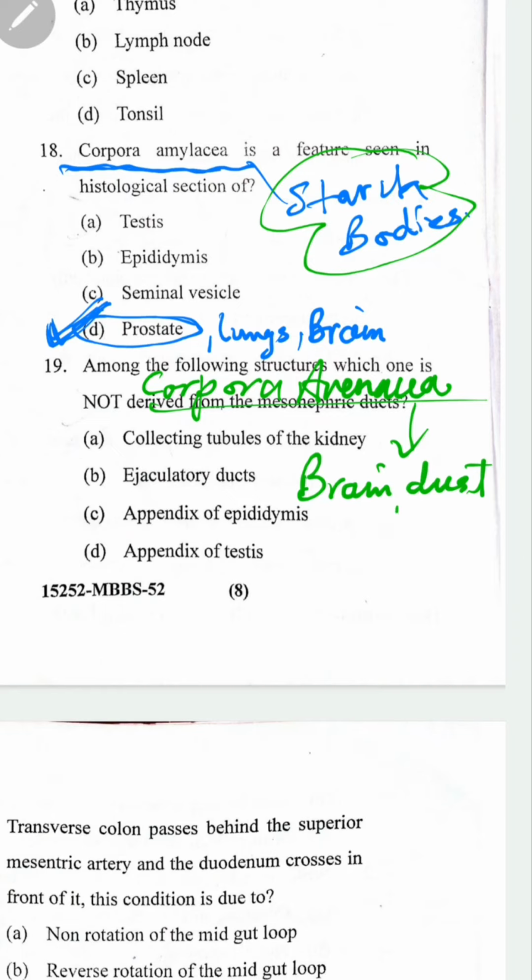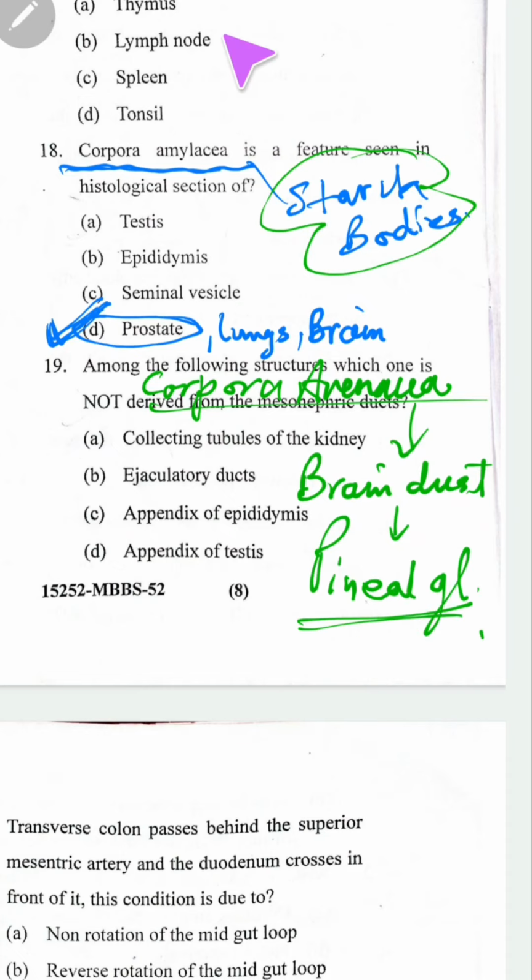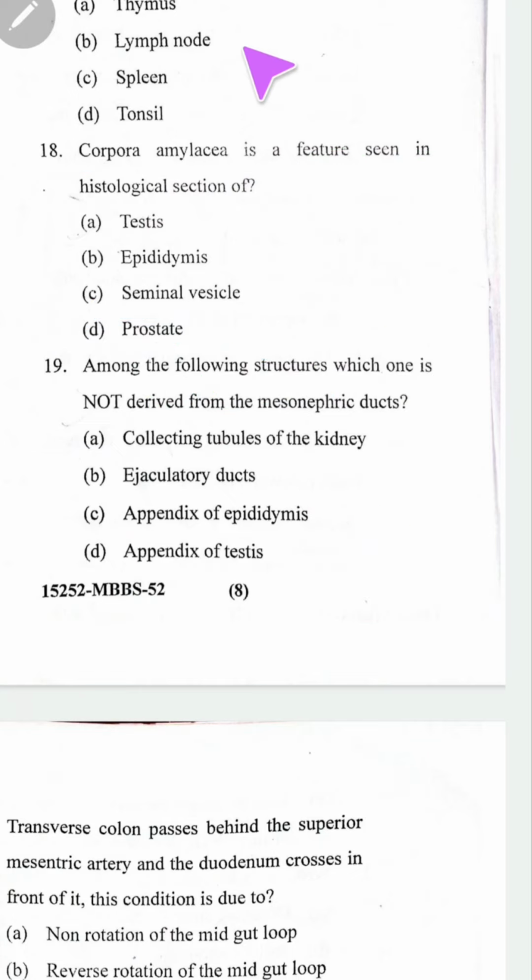And this is a feature of the pineal gland. So this was about the histological slide. The answer to this, corpora amylaceae, will be prostate. It's done. Question number 18, answer is D.